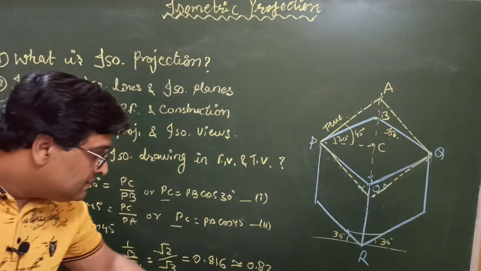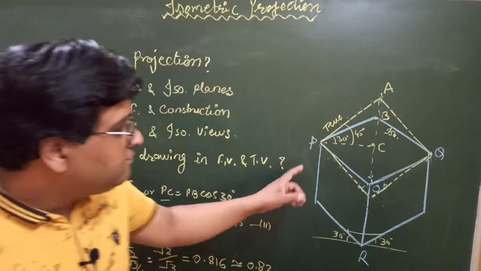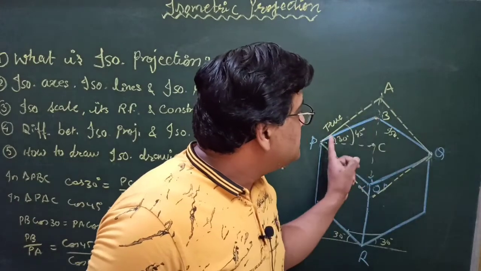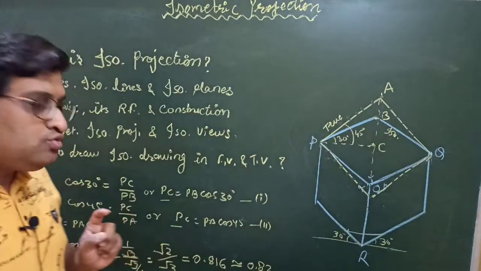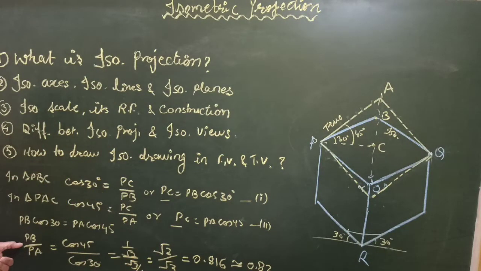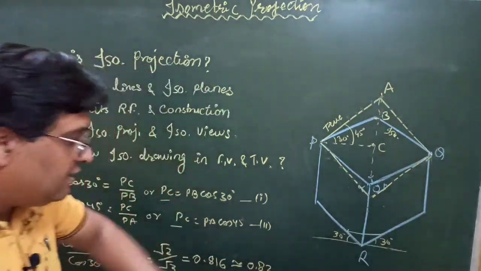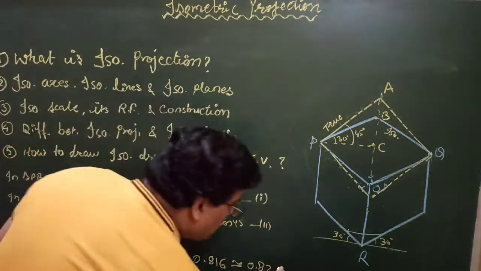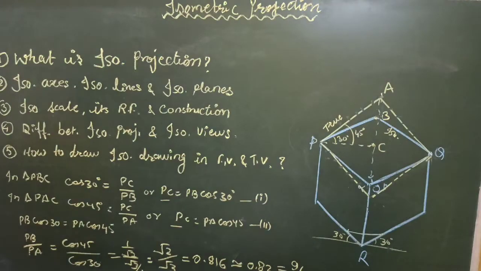So this fraction, now you can see here, this PB is the isometric length and PA is the true length. So the ratio of isometric length to the true length is coming out to be 0.815 or 0.82 approximately, or also equal to 9 by 11. Again, this is an approximate value.